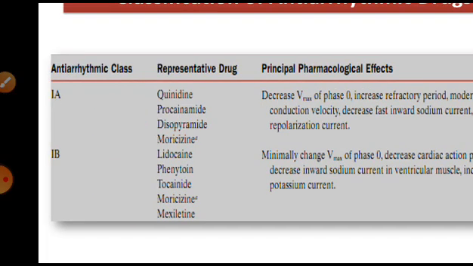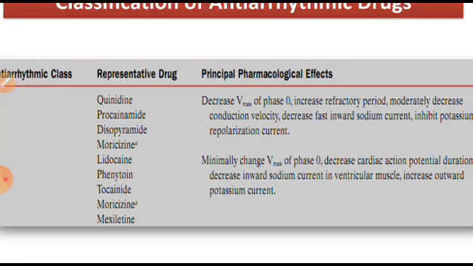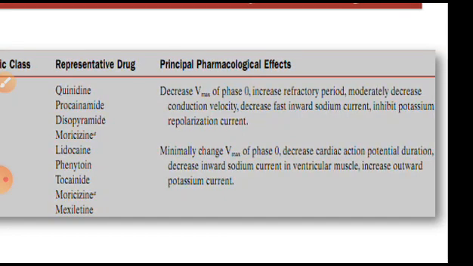In front of class 1A, it's written: decreases the Vmax of phase 0. I have already explained the various phases of cardiac action potential generation. So you can understand that if the rate of phase 0 decreases, the velocity of action potential generation goes down.